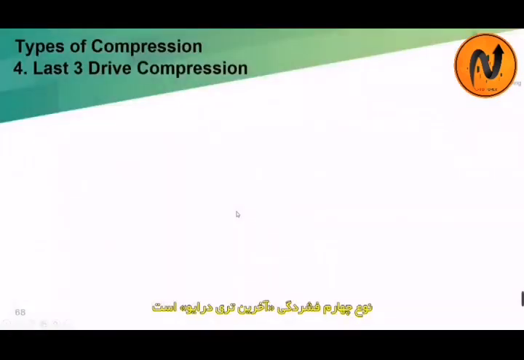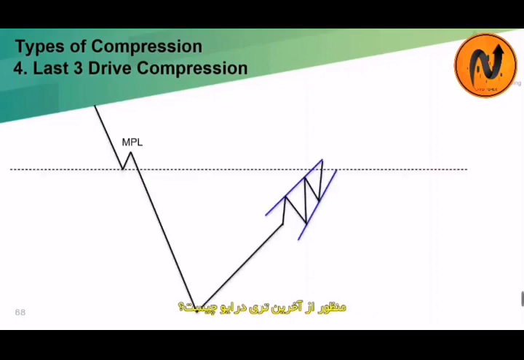Then the fourth type, I believe I've shared some of these types before, is the last tree drive compression. So what does that mean by last tree drive? The price is exactly the same. We have an MPL, so the price rises very vigorously. At the end of the channel, the bullish or even bearish for the other way around, the price will form what we call a tree drive at the last leg.